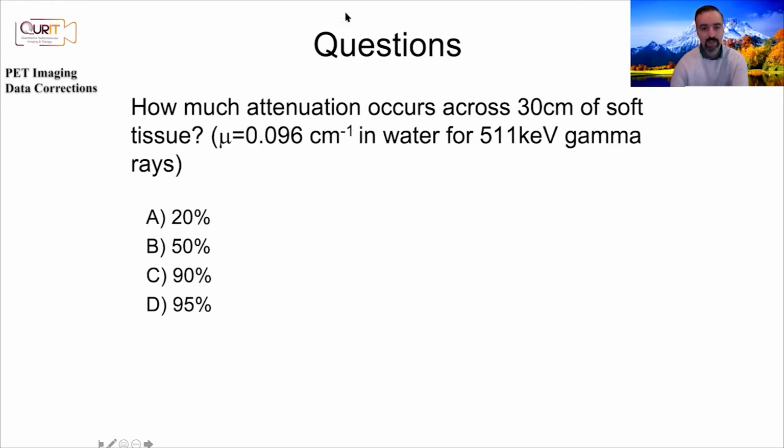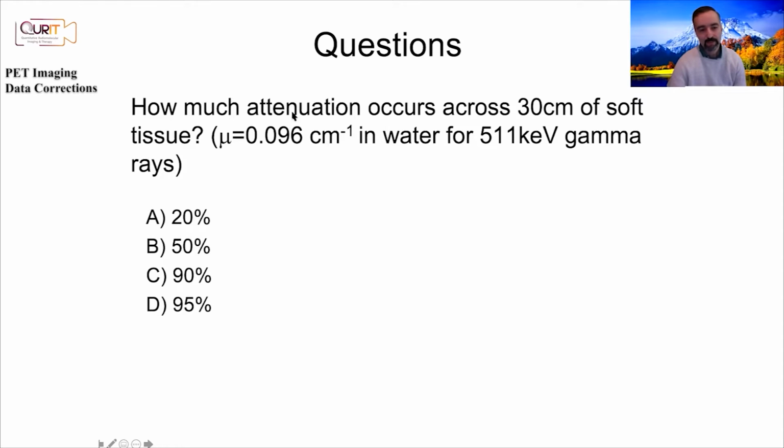Let's ask you guys a question here. How much attenuation occurs? Imagine 30 centimeters of soft tissue. And here's a mu value, attenuation value, in water. Soft tissue and water are taken to be almost the same thing in terms of attenuation. For 511 keV gamma rays, this is what we have.